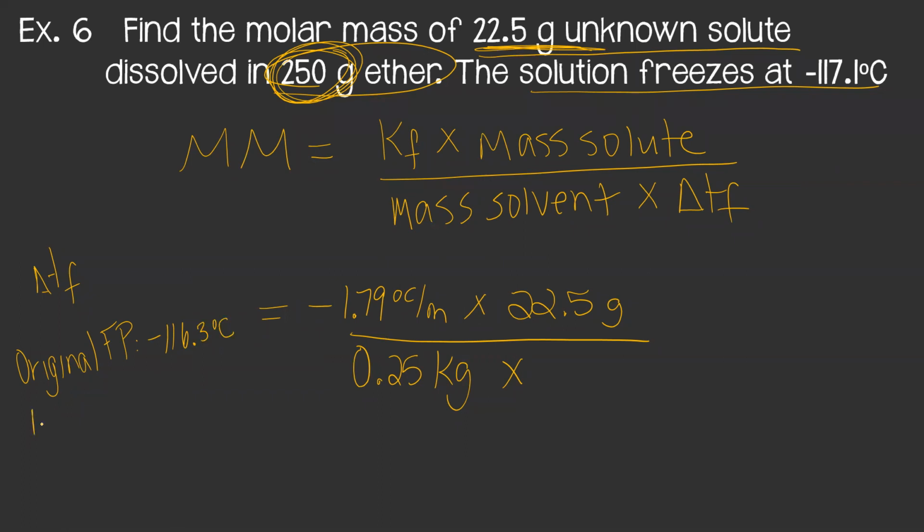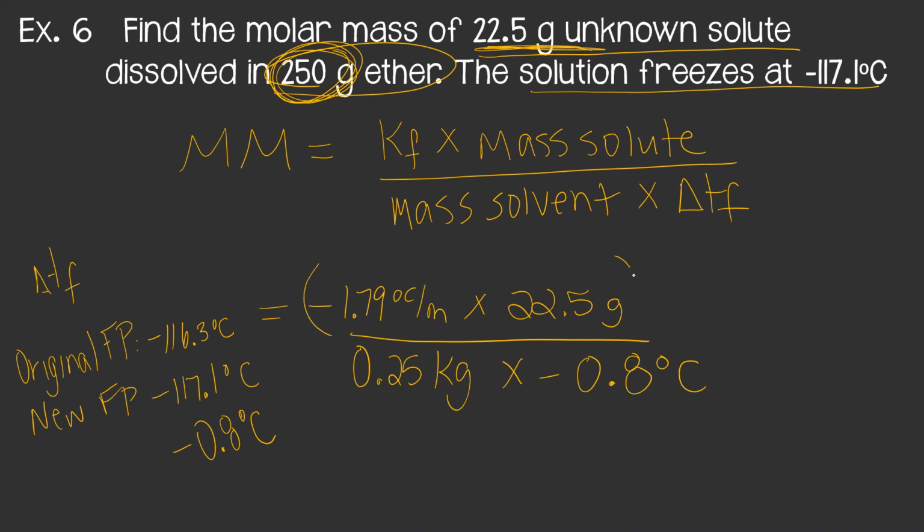I'm told that the solution, the new freezing point, is negative 117.1. So this went down. Okay, I know it looks like it went up in number with negatives. So what's the difference here? The difference is negative 0.8. So I took negative 116.3 minus a minus, I get negative 0.8. Your delta TF always has to be negative. Okay?